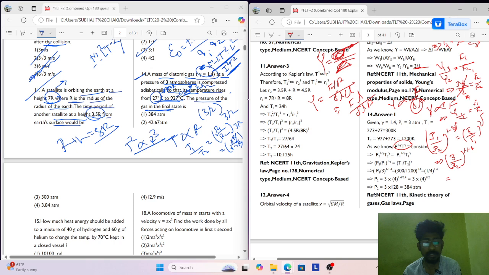So (3 by P2) to the power (1 minus 1.4) equals (T2 by T1) to the power 1.4. T2 by T1 means 1200 divided by 300, which is 4. So 4 to the power 1.4.